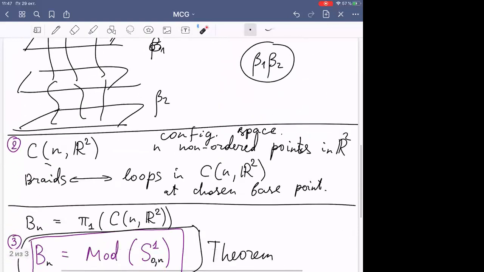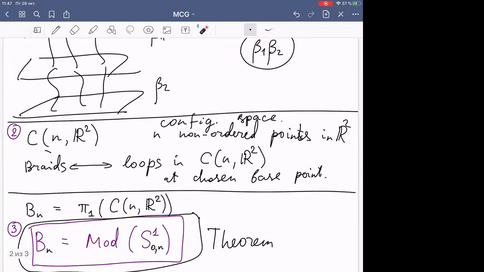If we choose endpoints in D^2, this is just a homotopy equivalence. There are no problems about it.